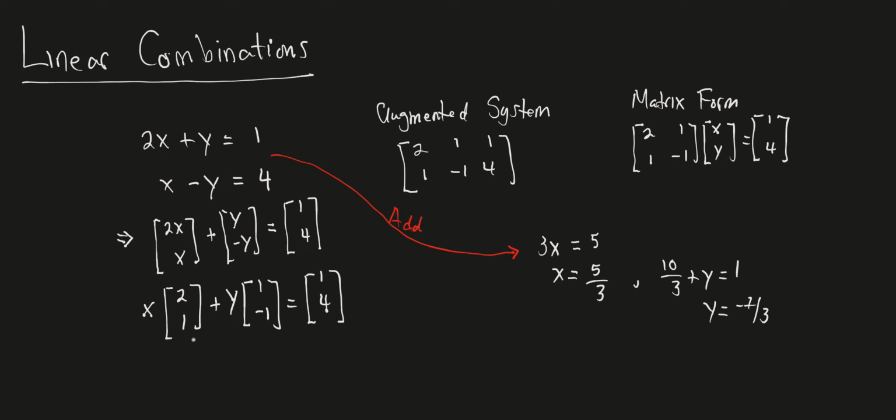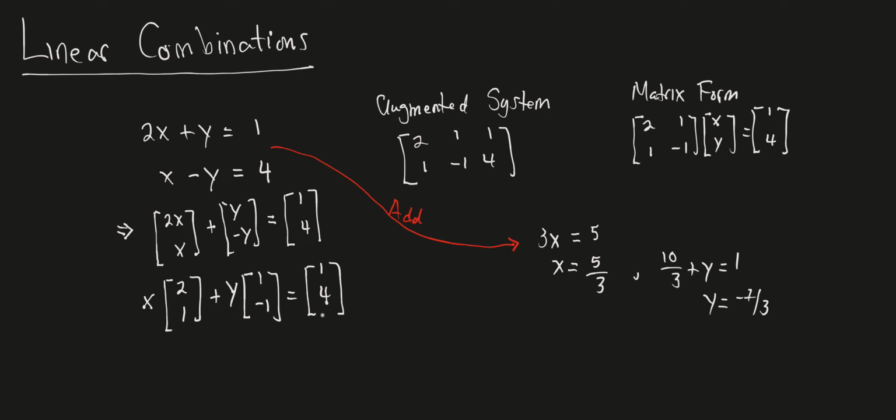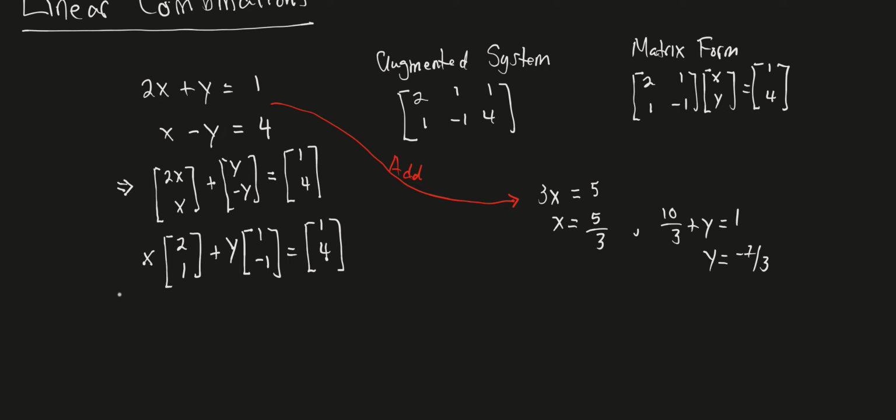So now let's check this to see if it works, right? So let's check. If I take my 5/3 and multiply the vector 2, 1, and then take my constant negative 7/3 and multiply the vector 1, negative 1, well, let's see what we get.